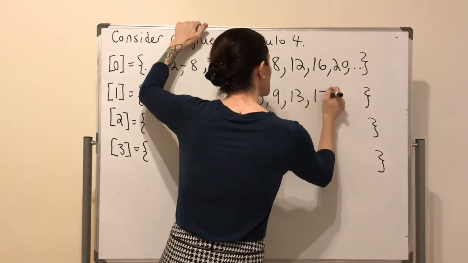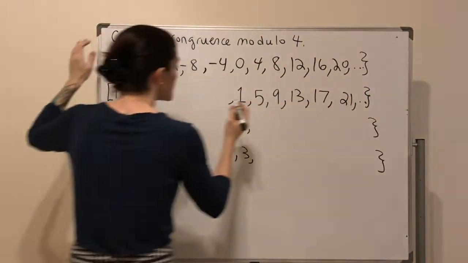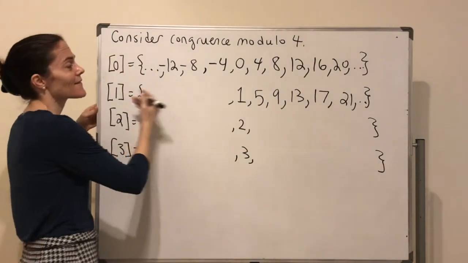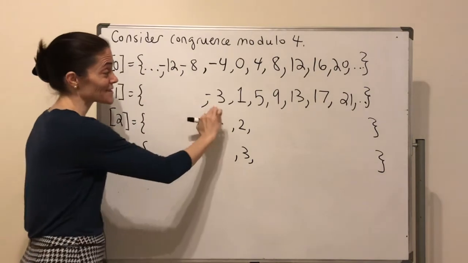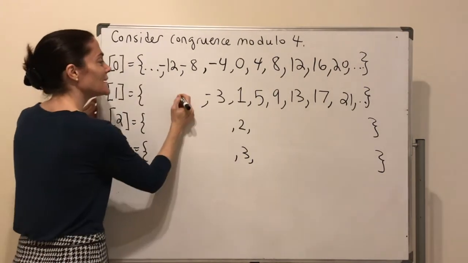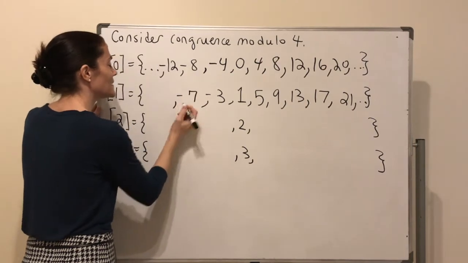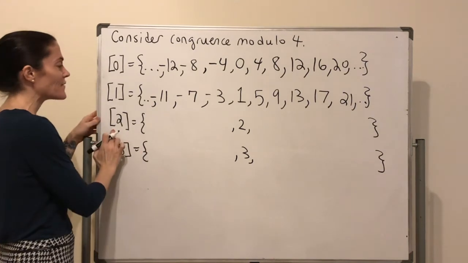The next one would be 17, and then we'd have 21, etc. And now we can march in this direction by 4. We'd have -3, and if you want to check, -3 minus 1 is -4, certainly a multiple of 4. -7, -11.